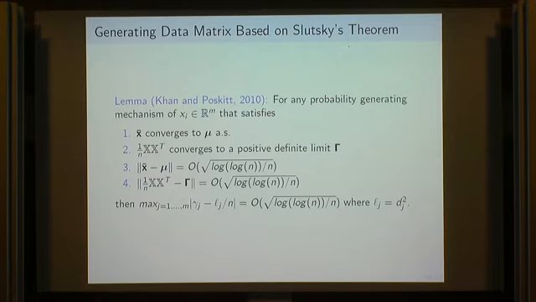In that case, we can show that the eigenvalues from this gamma converge to the eigenvalues estimated from the sample covariance matrix. And what is gamma? The true covariance matrix?